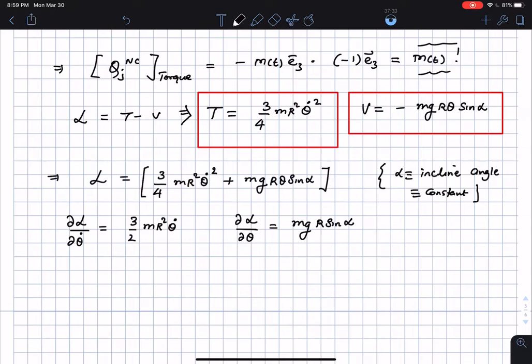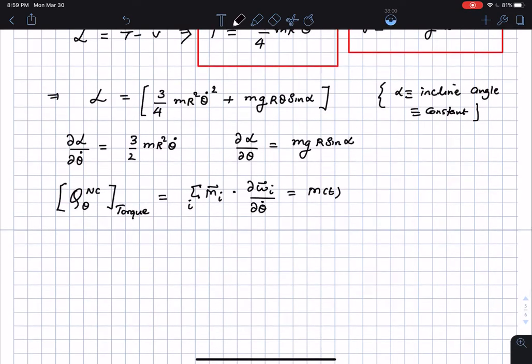And then lastly we are going to have Q_j non-conservative, so Q theta non-conservative, the torque. This is going to be equal to the expression that we had written, summation i, M_i dotted with d omega_i by d theta dot, and this gave us m of t.